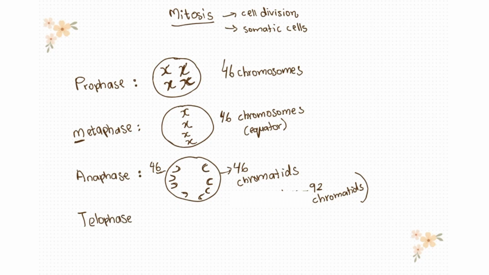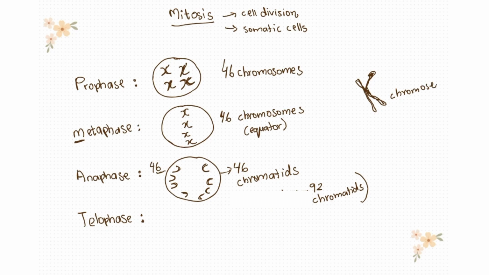Maybe I should cover the difference between chromosome and chromatids, because students do tend to make mistakes there. So you know what a chromosome is, right? It's our genetic material, the DNA. In prophase, you saw the chromosome is made of two sister chromatids.